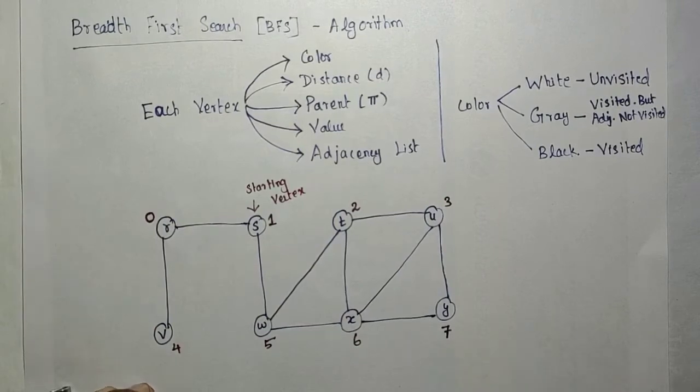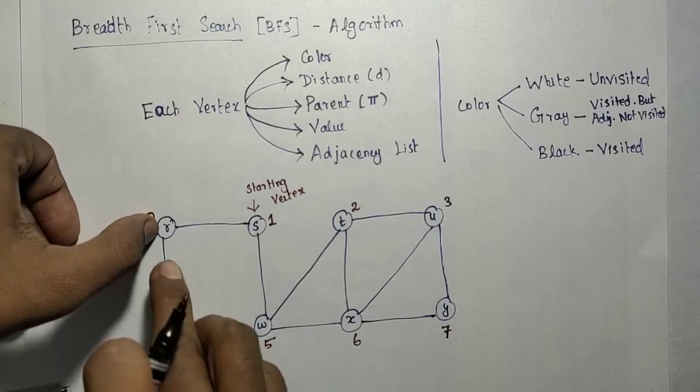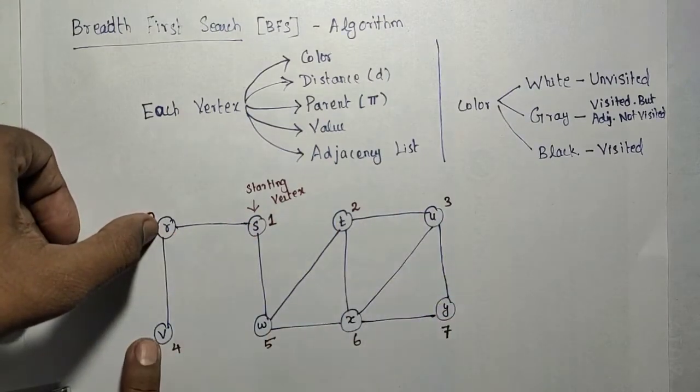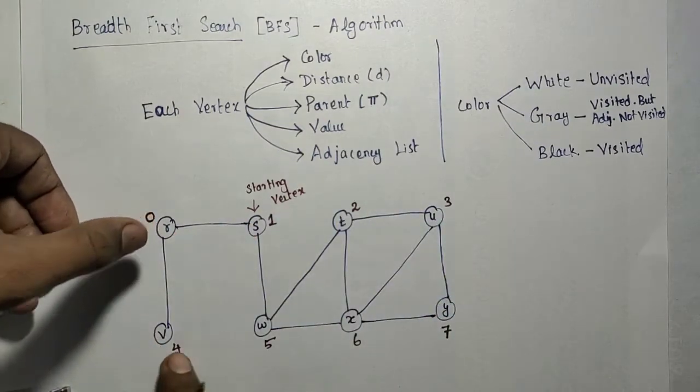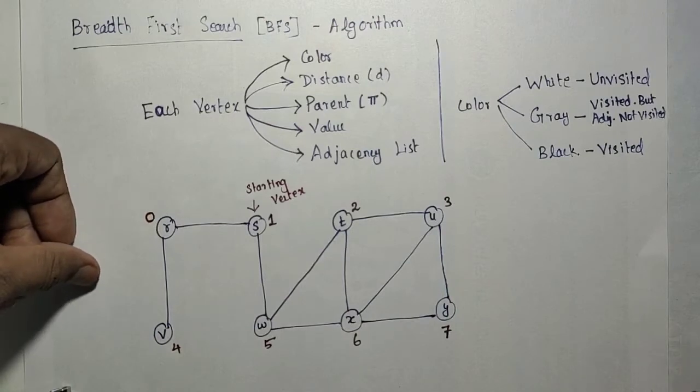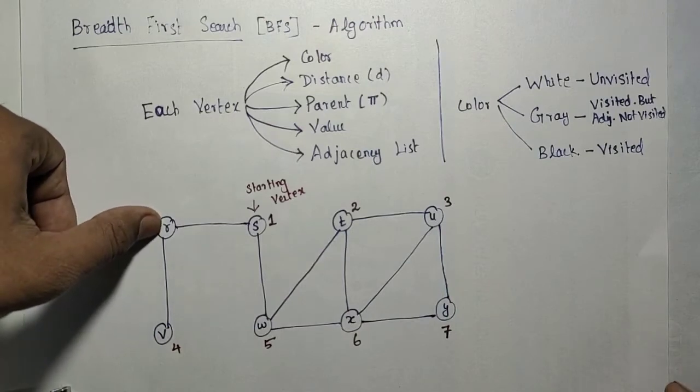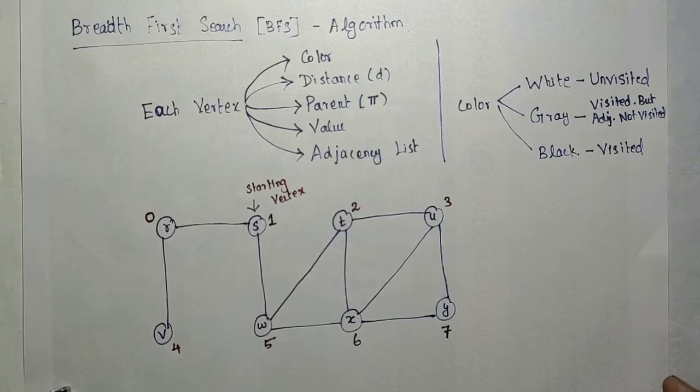So this is the index. Because in the adjacency list, I need to store an array of lists. Array size is equivalent to the number of vertices. For each vertex, I have to store the list of adjacent nodes, adjacent vertices. Correct.